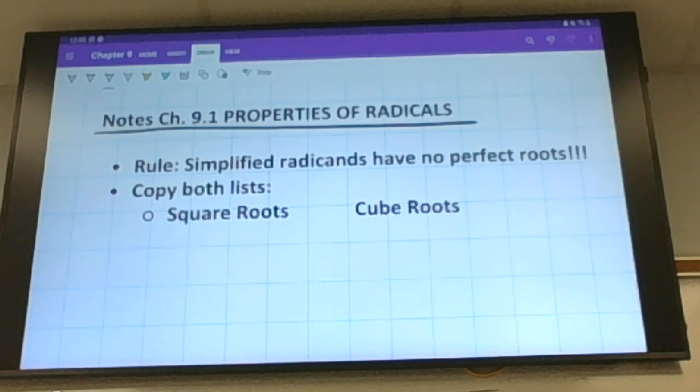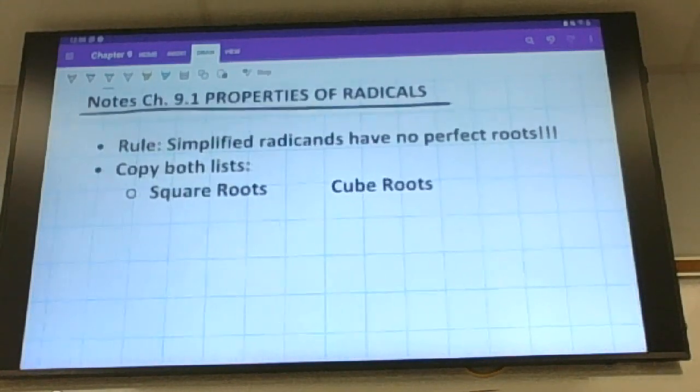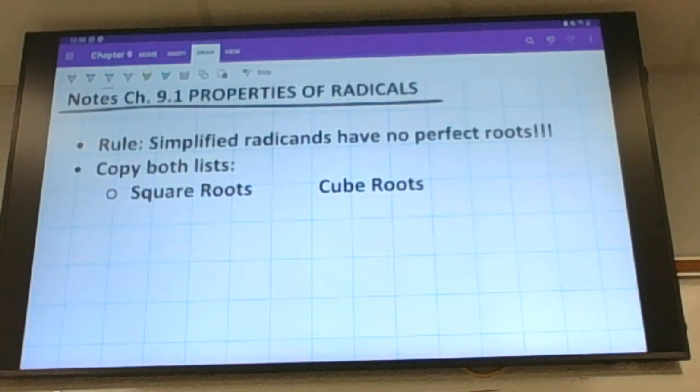Let's do some notes on properties of radicals. There's an important rule that you'll use for your assignment today: simplified radicals have no crazy roots. Let me remind you what a radicand is.